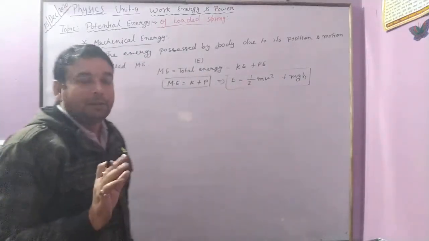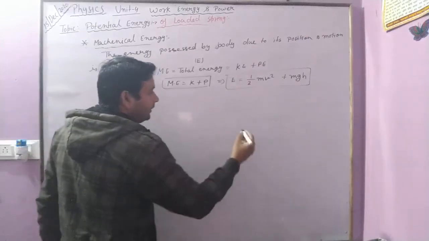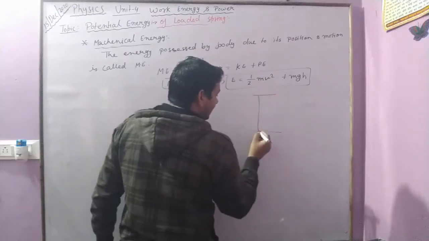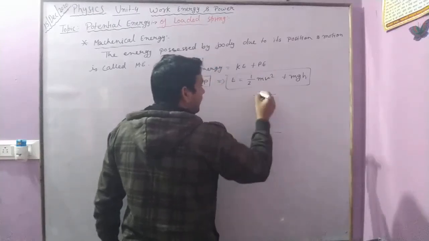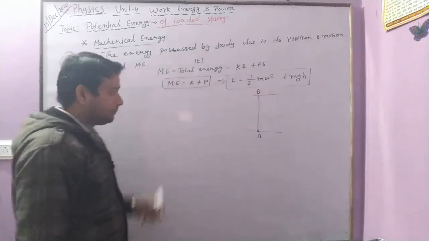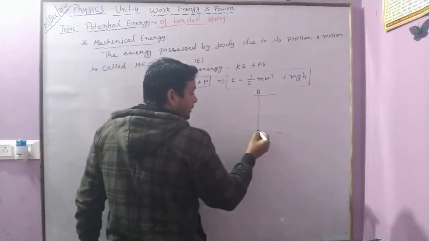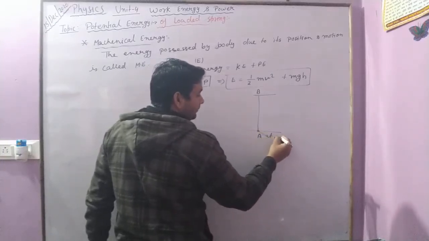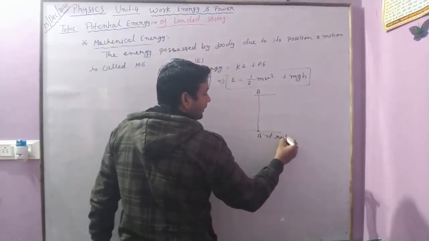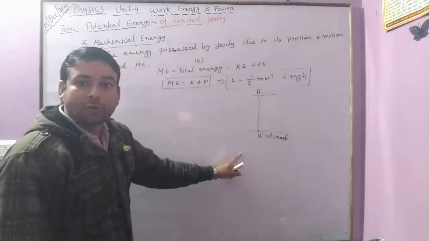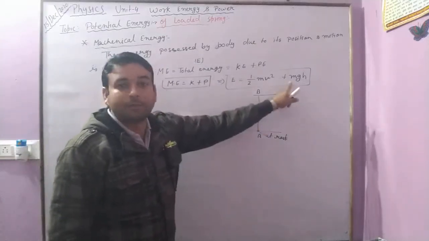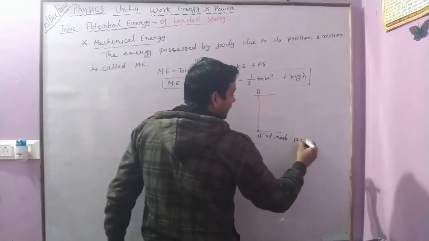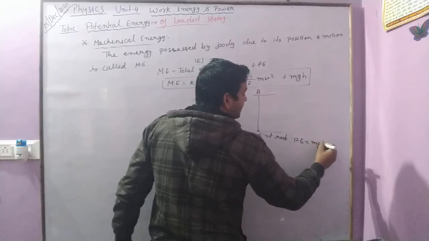Here students, if we consider an example, let A, B. Now if the object is at A, which means at rest, then it possesses only its potential energy, that is PE is equal to mgh.